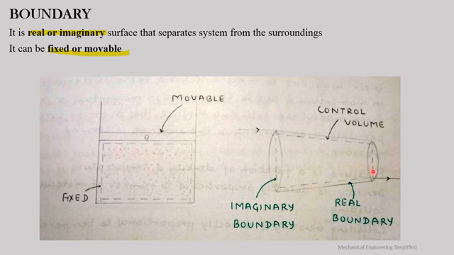This is the inlet, this is the outlet, and if this is our control volume and we draw the boundary inside it, we will see that this boundary and this boundary are real boundaries, and on the other hand this boundary and this boundary are imaginary boundaries. So I hope from these both figures you clearly get the concept of real or imaginary surface, and also fixed or movable surface. Let us move on further.